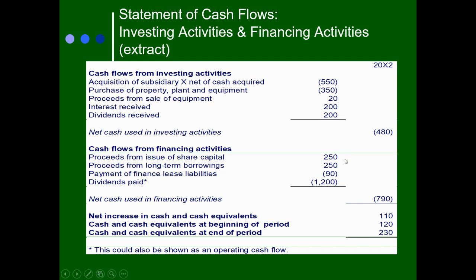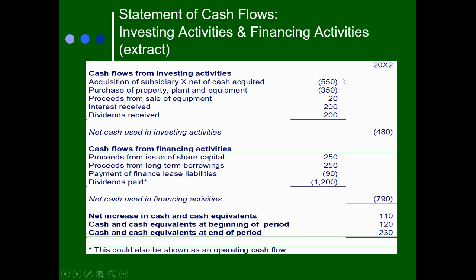If there are any long term loans that have been approved, you are receiving the long term loans, so this is a positive side for financing activities. But if there is any repayment of borrowings, this is a negative side, an outflow. And if any dividends are paid to the existing shareholders, this is also an outflow.